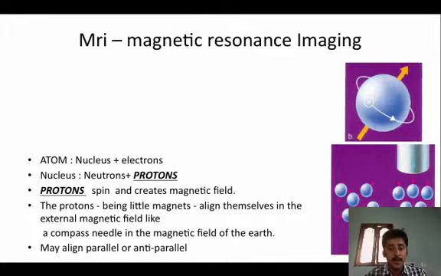We have hydrogen atoms in our body, present in the water molecule H2O. We have two hydrogen atoms and one oxygen atom. Hydrogen, when taken individually, has one proton, so the nucleus has only one proton. So in order to consider the proton, we simply consider the hydrogen atom in our body.